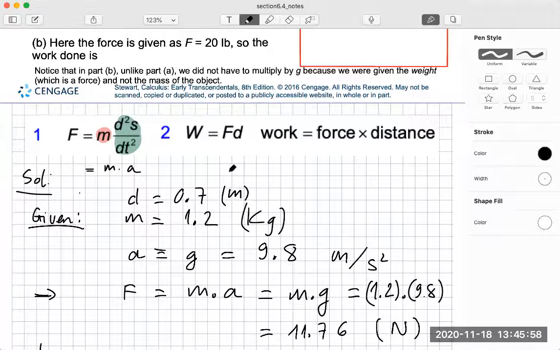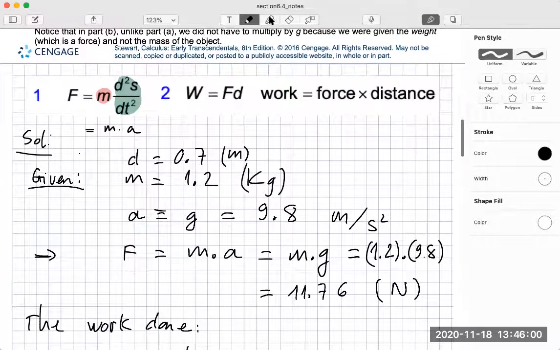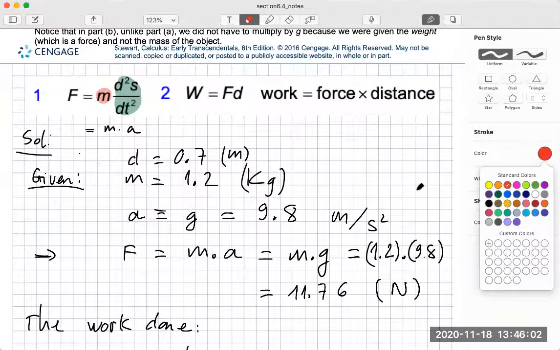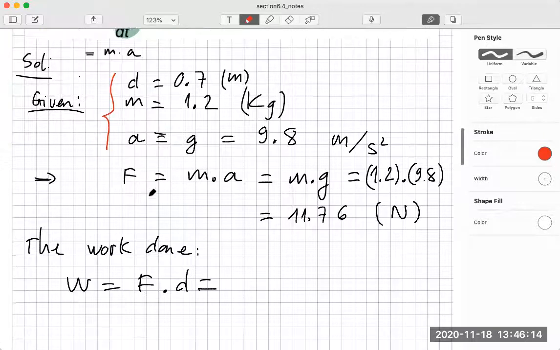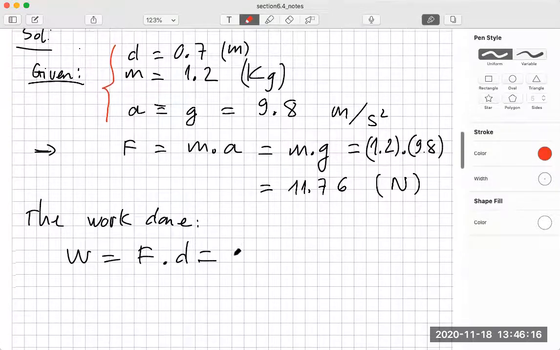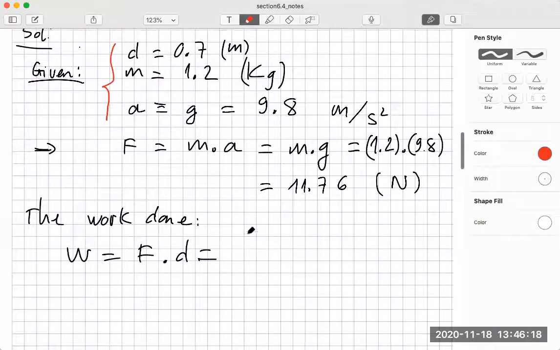These are the things we are given. So what do we have here?